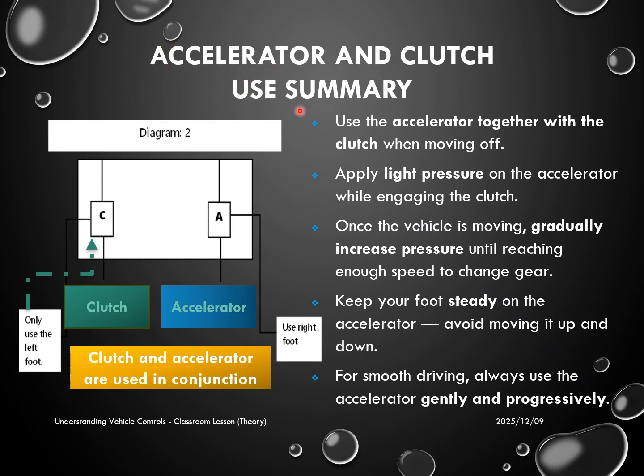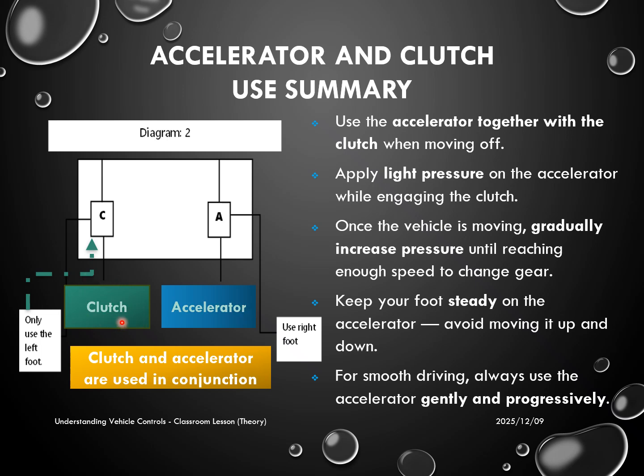Accelerator and clutch use summary. Clutch and accelerator are used in conjunction. Use the accelerator together with the clutch when moving forward. Apply light pressure on the accelerator while engaging the clutch.